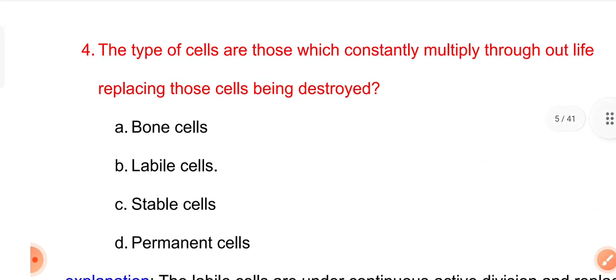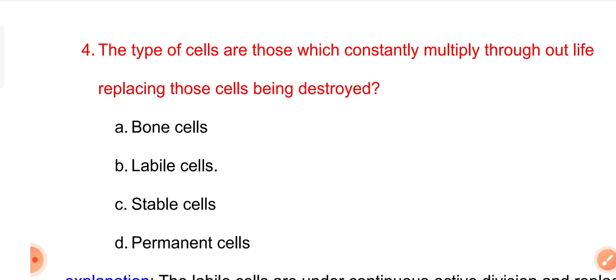The next question is: the type of cells which constantly multiply throughout life, replacing those cells being destroyed. After the cells are destroyed, in that same place, which type of cells are producing and forming the new cells?